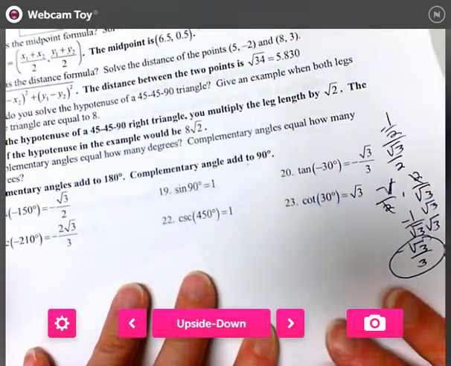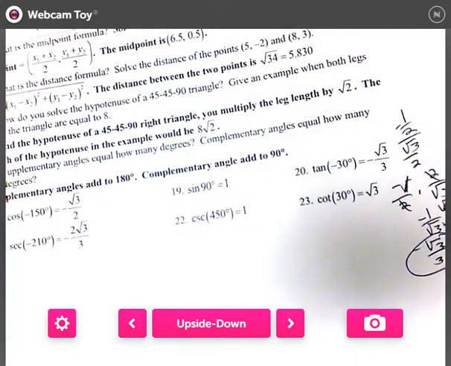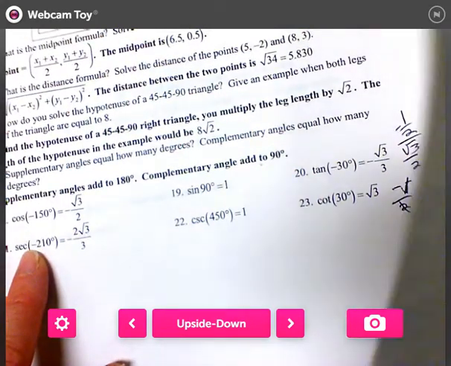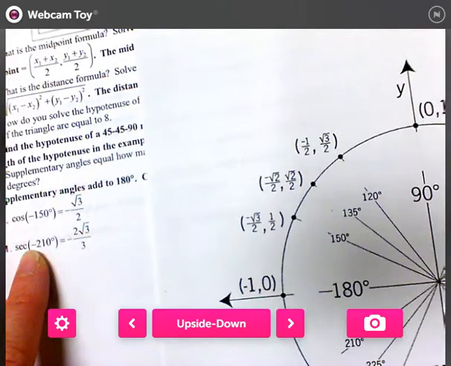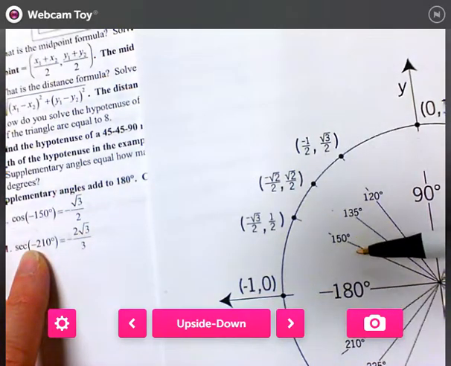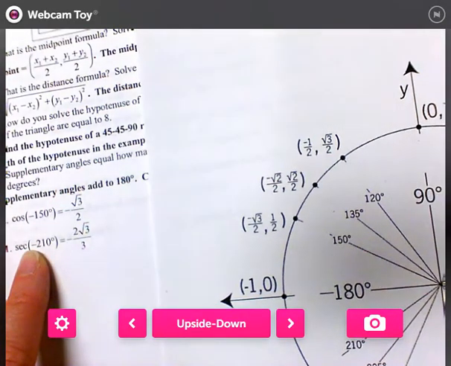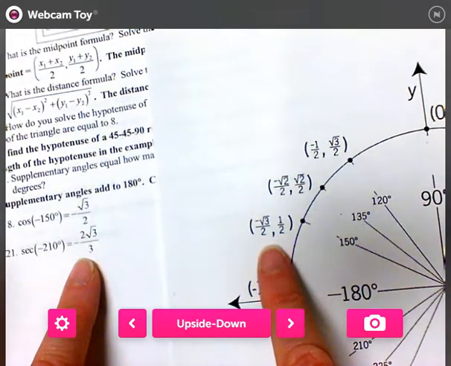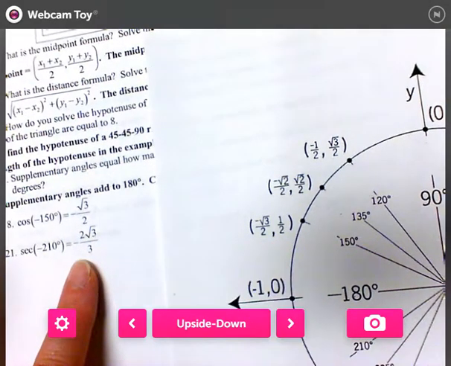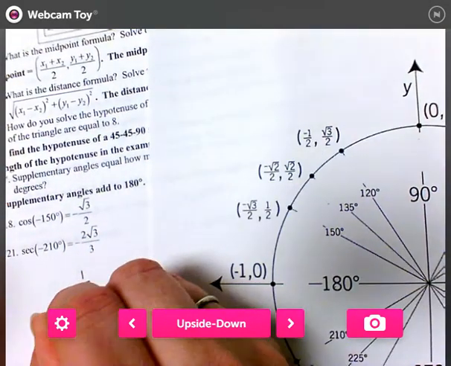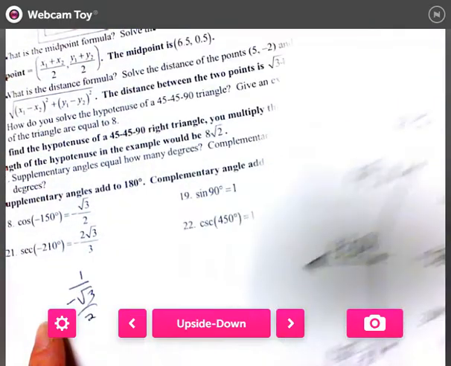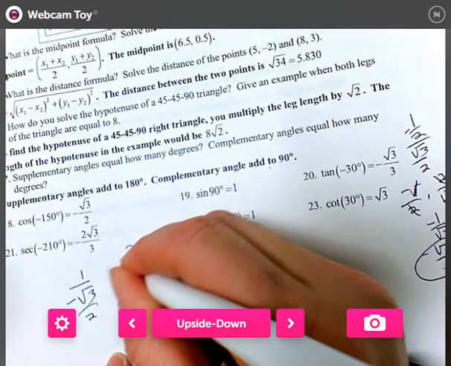Okay. 21. Secant, that's 1 over x. So for negative 210 would be, I believe, 150, right? So that would be 1 over the x value. So that's 1 over negative square root 3 over 2. Remember, we have to flip that. 2 over negative square root 3.